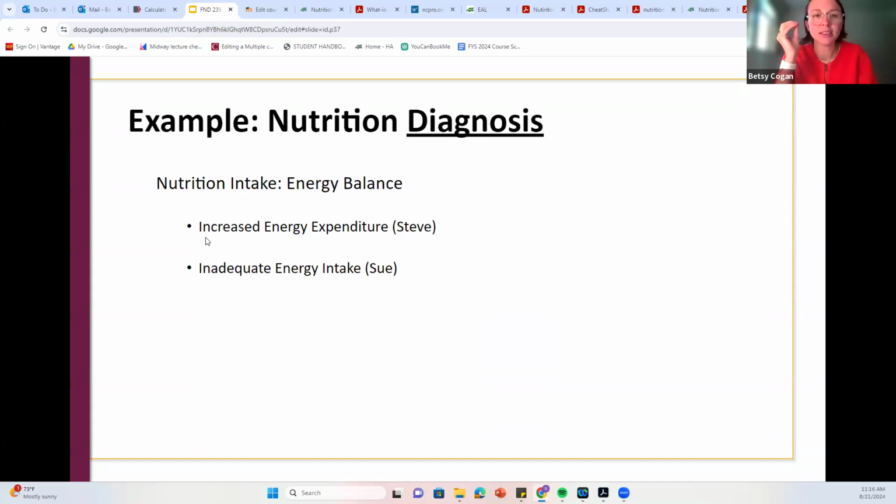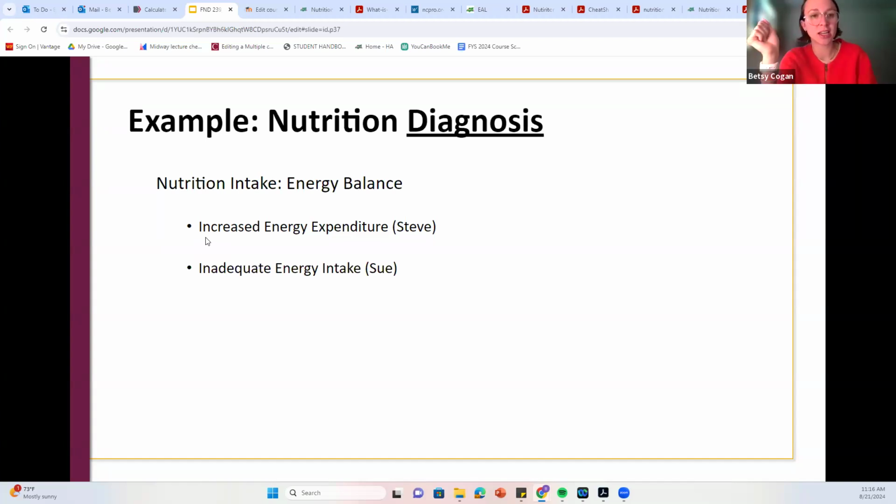So when we're thinking about diagnoses, right, I'm thinking there might be some intake issues with these guys, right? So going to the nutritional intake category, there is maybe an energy balance category where for Steve, he has increased energy expenditure.